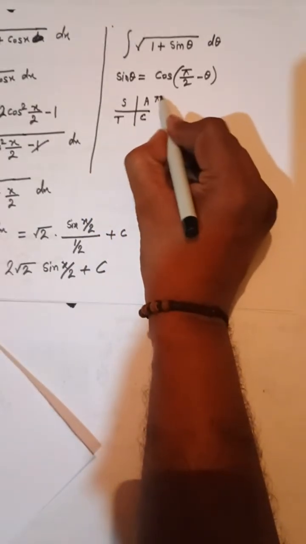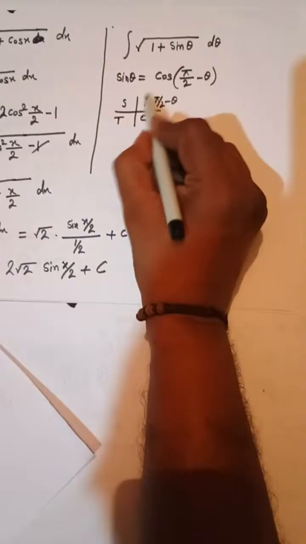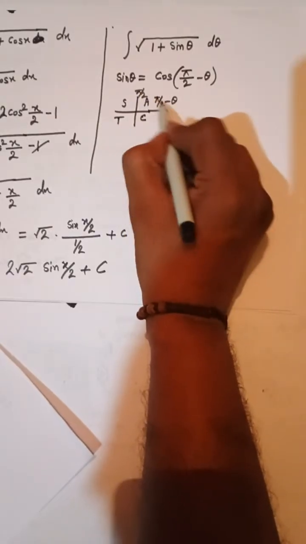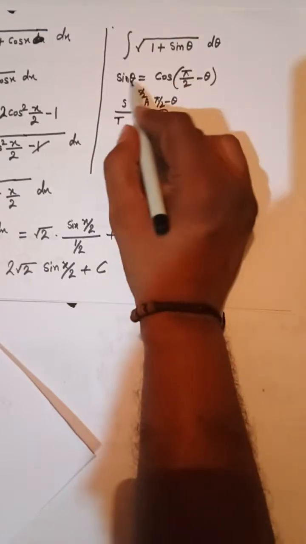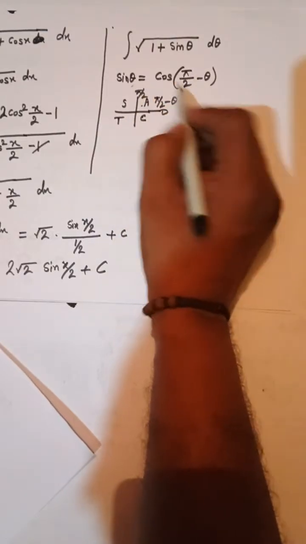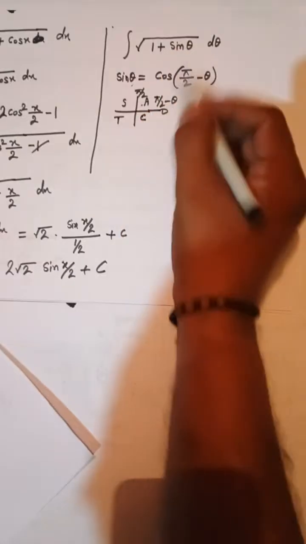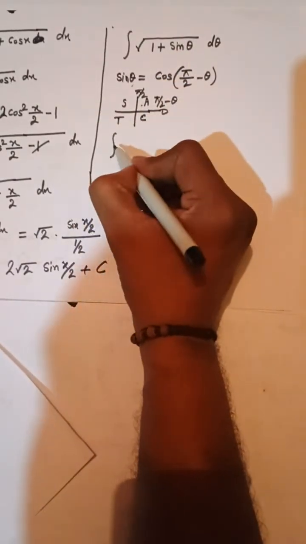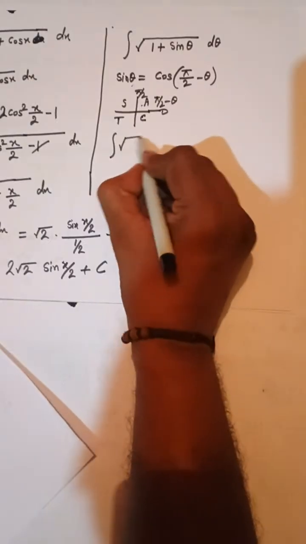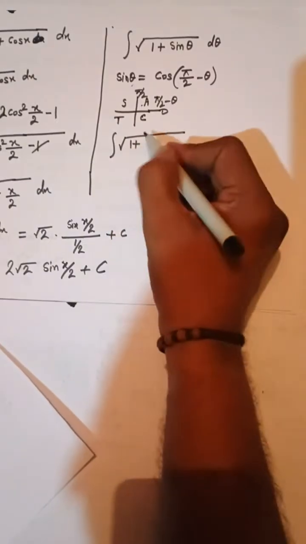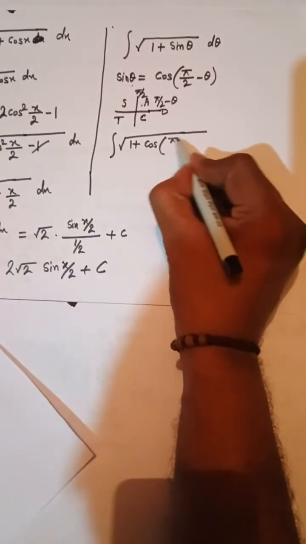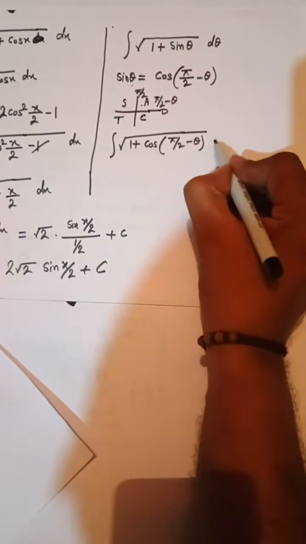Inside 0 to pi by 2 everything is here, so I put pi by 2 minus theta instead of theta so that nothing is changed. Now I can easily write this as integration of root under 1 plus cos of pi by 2 minus theta, d theta.